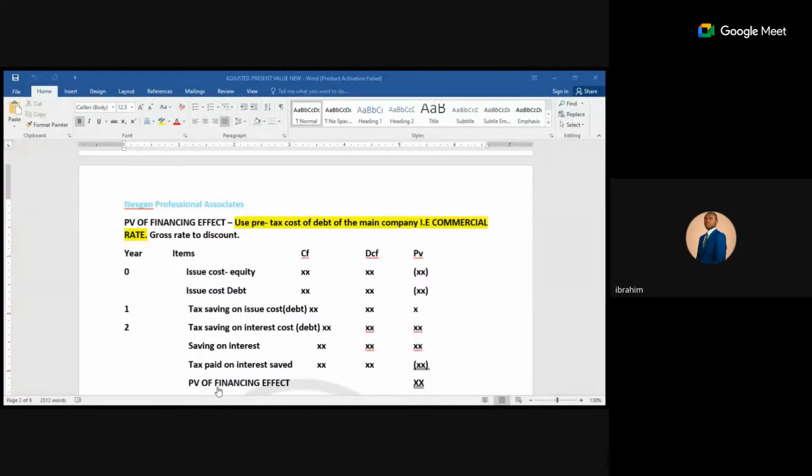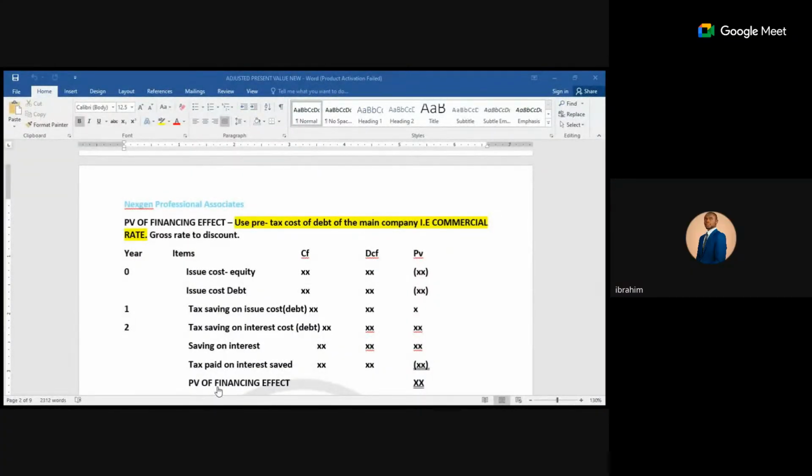Meaning that the equity finance is a rights issue, and it is going to cost the company. What it costs the company is what we call issue costs.